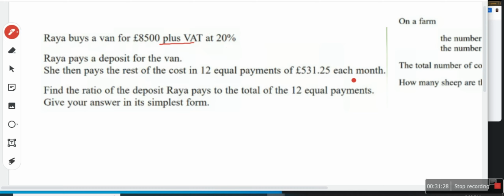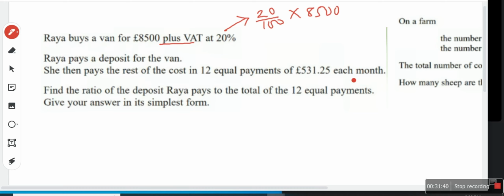So let's even see the total thing he will pay. Let's calculate the real value of the VAT. The real value of the VAT is 20% of 8,500, isn't it? Quickly, let's work it out quickly. 20% of 8,500, and what does that give you? Work it out with the calculator so that we can conclude.